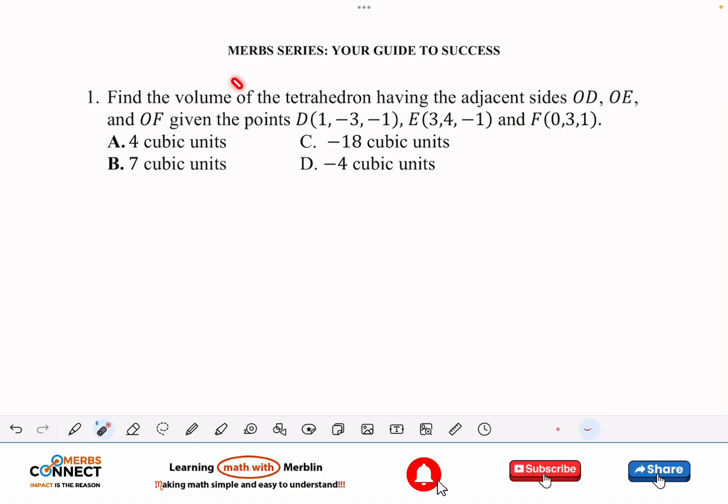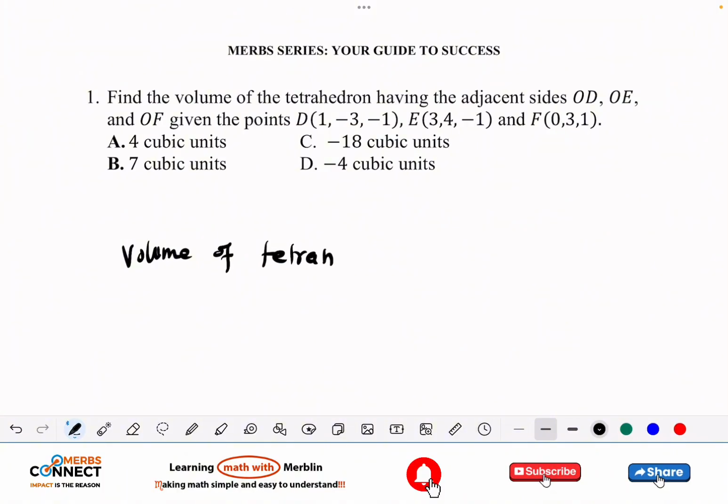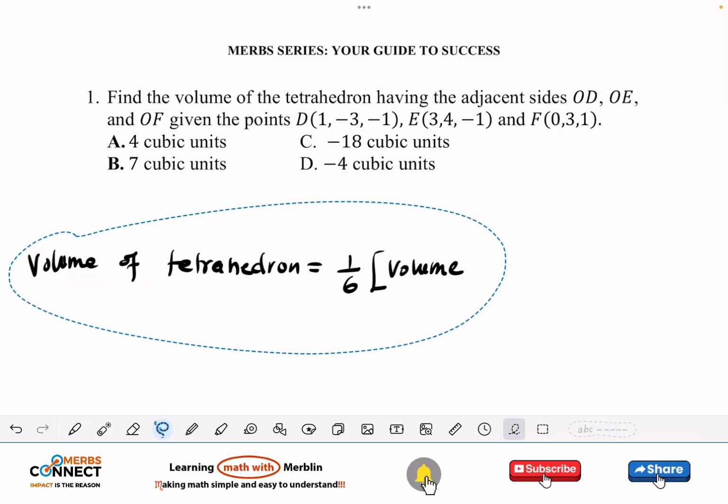Now, the first question is asking us to find the volume of a tetrahedron, right? So we just need the formula. The formula for this is equal to 1/6 of the volume of a parallelepiped.